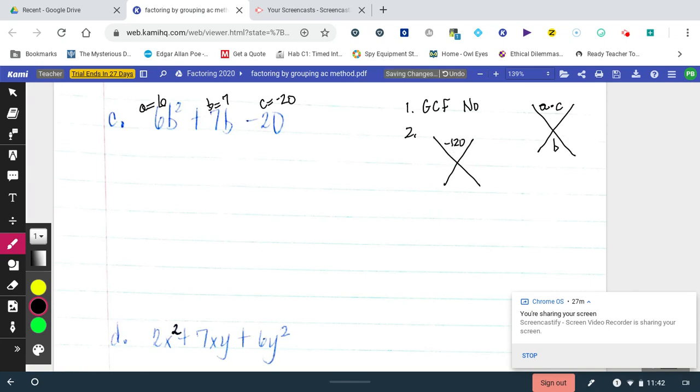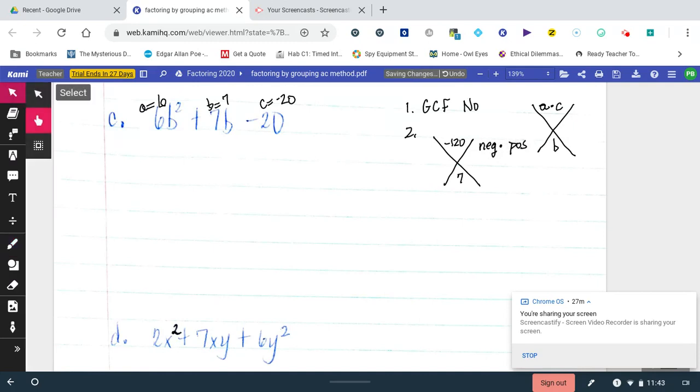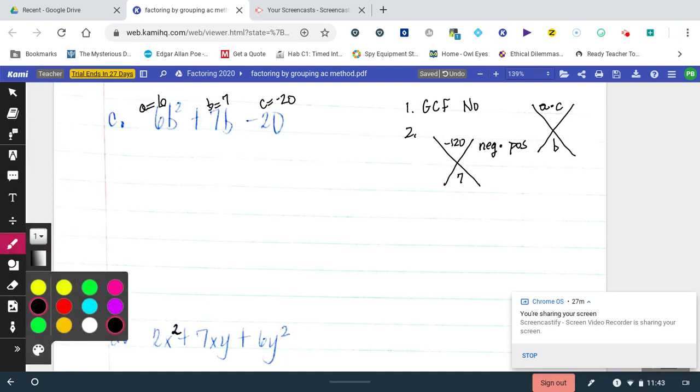And then B is 7. I know these numbers have to be different because I got a negative product, so I have a negative times some positive. If I look at the bottom, it's a positive 7, which tells me the largest number needs to be positive.